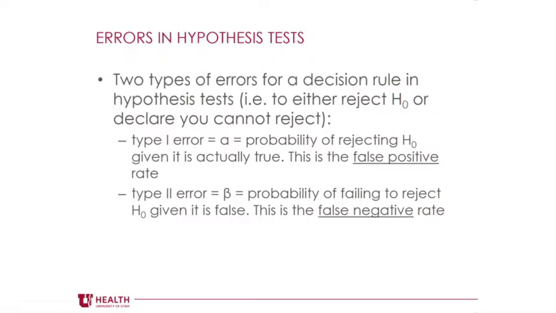The type 1 error is the probability of rejecting the null hypothesis given it is actually true. This is the false positive rate. The second type, or type 2 error, usually denoted by beta, is related to the power we'll talk about later. This is the probability of failing to reject the null hypothesis H0 given it is false. In other words, this is the false negative rate.